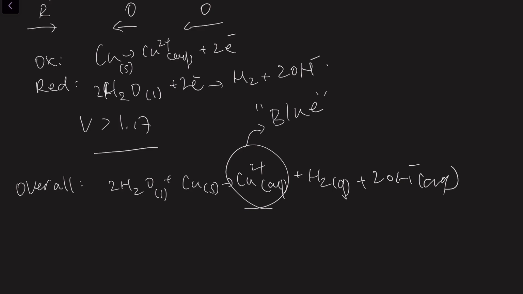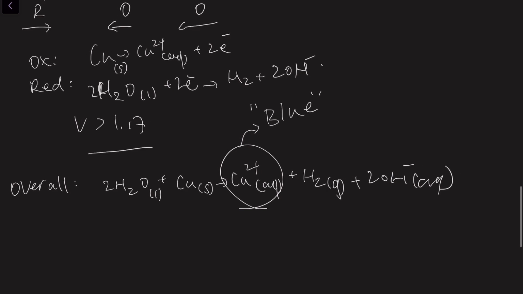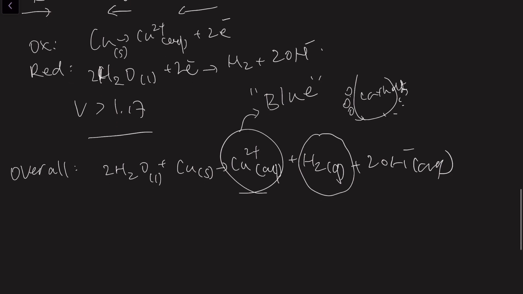You can also look at cues from your cathode, which is the site of reduction. You should be able to see some gas bubbling around your cathode. And this is the sign that hydrogen gas has been produced. And a very interesting thing is this OH minus ion.